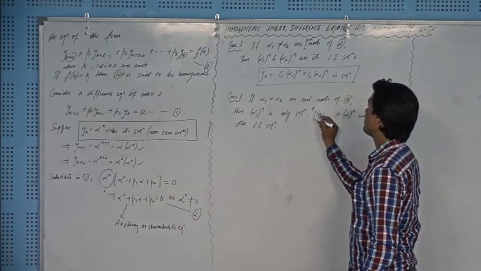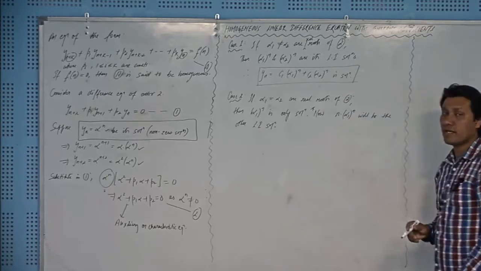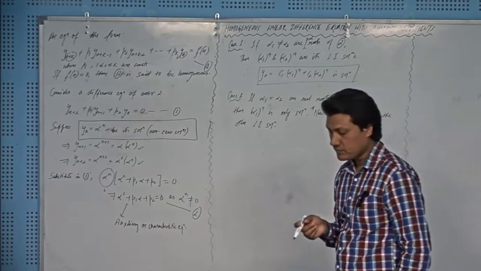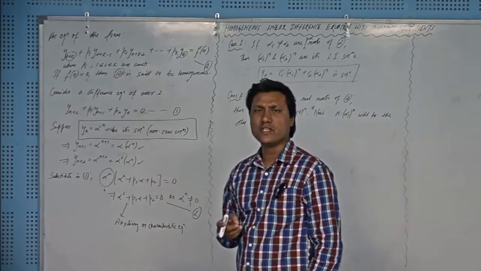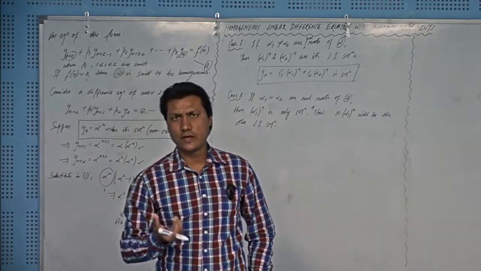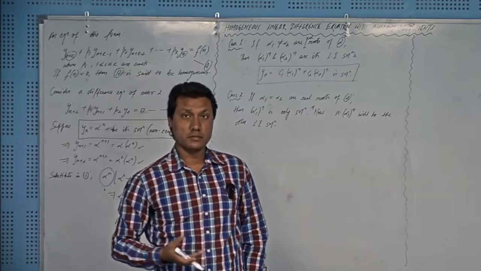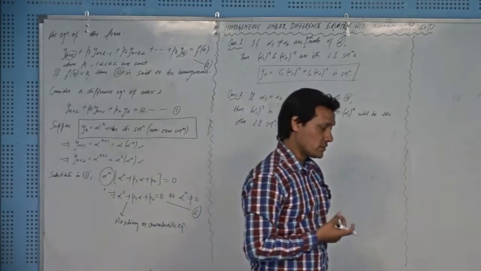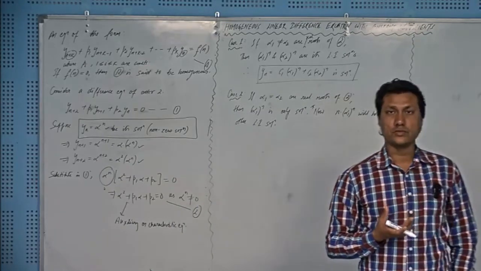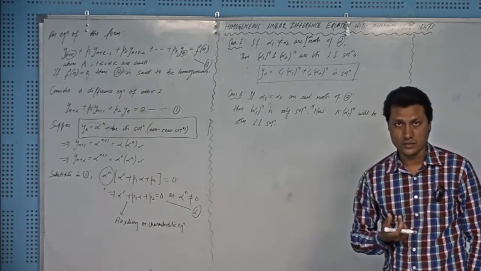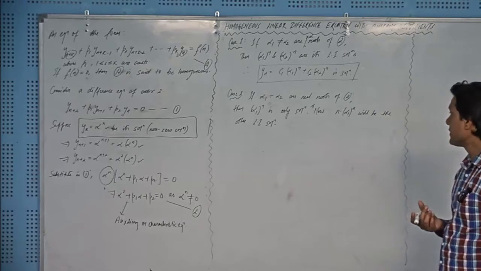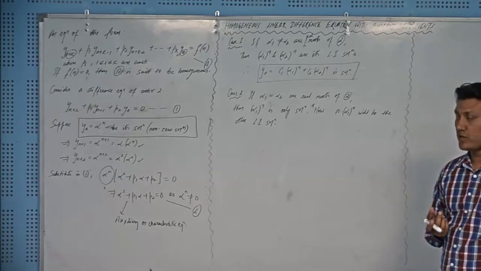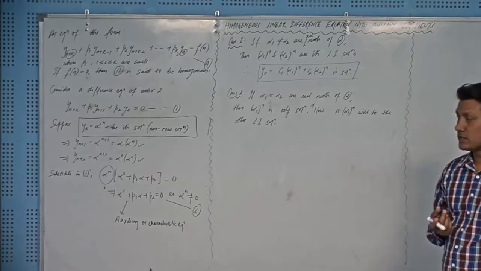And the reason for multiplying with n is the same as we studied in the theory of differential equations. When we have one solution y1, the second solution can be obtained by just multiplying it with x, because you know that the ratio of two independent solutions should be non-constant, right? And the best choice for that ratio is x, because x is non-constant, right?